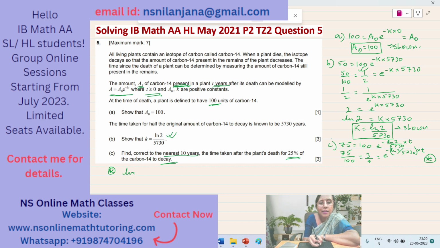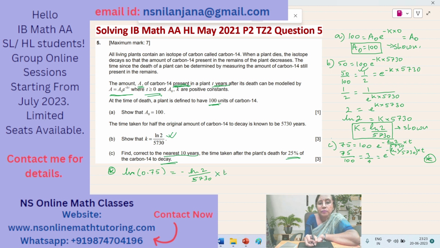I can write it as ln of 3 over 4, or let me write it as 0.75. Both mean the same thing. So ln of 0.75 is equal to negative ln of 2 over 5730 times t.